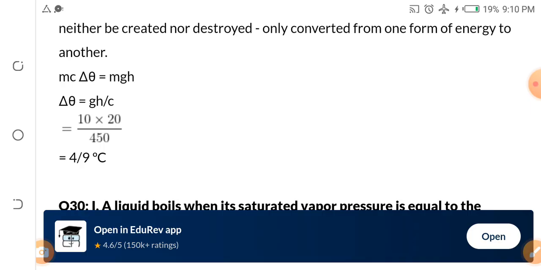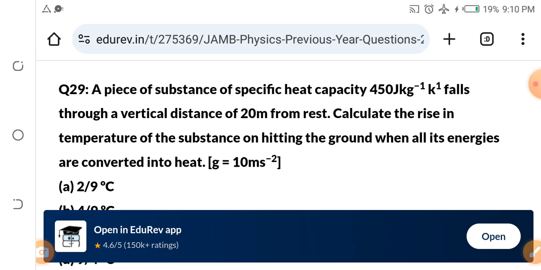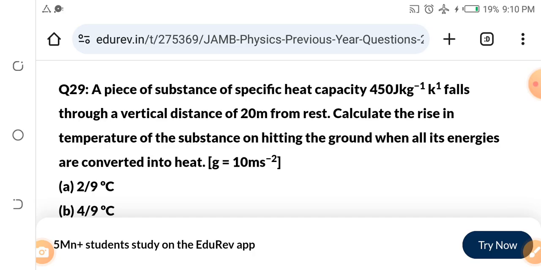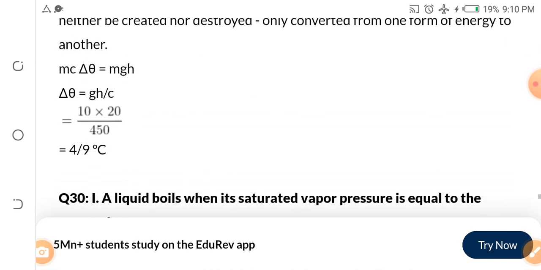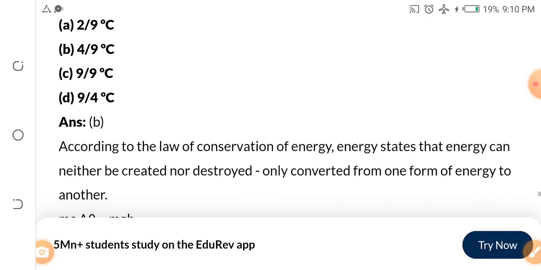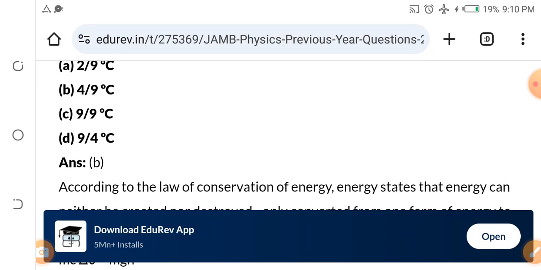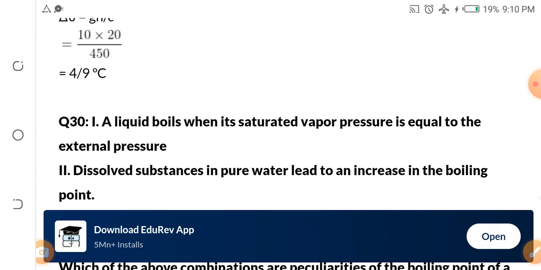Looking at the question once more, you know how we got 10: 10 is from g, times 20. 10 times 20 over 450 gives us 4 over 9, making option B. Option B, 4 over 9 degrees centigrade, is the correct answer.